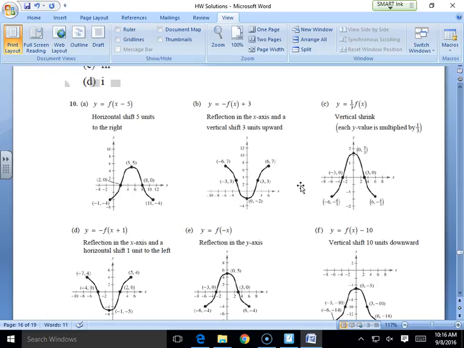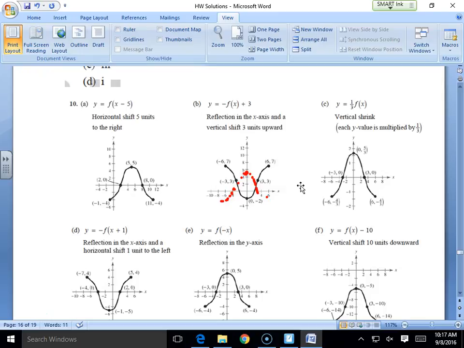It was at 0, 5, right? Something like that. Flip it, and then up 1. No, sorry, up 3. That's okay. Flip it first, and then up 3. Do you see how they did the reflection and then the shift? That order is important.